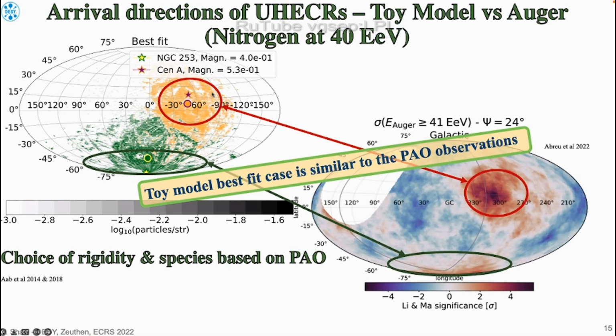You can see with the orange blob and the green blob, and compare it with Auger's latest results, that they are somewhat similar. The solid dot that you see on the sky is the coherent deflection of the cosmic rays, so it's like the average deflection direction of the cosmic rays.